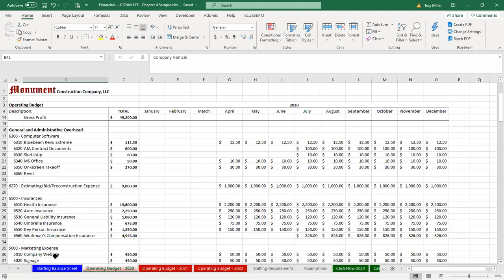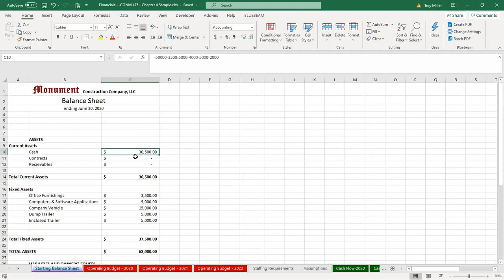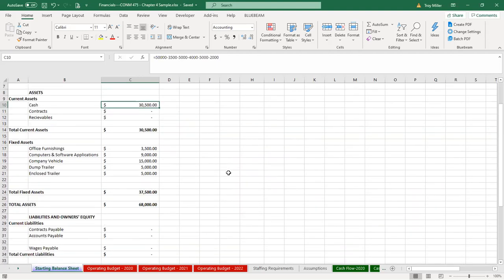Basically, when you download this sheet, on the starting balance sheet I gave you $50,000 cash to start with. Our assumption was that's the cash we're going to start this company with. I took that $50,000 and leveraged some of it. I paid cash for office furniture, cash for computers and software applications.